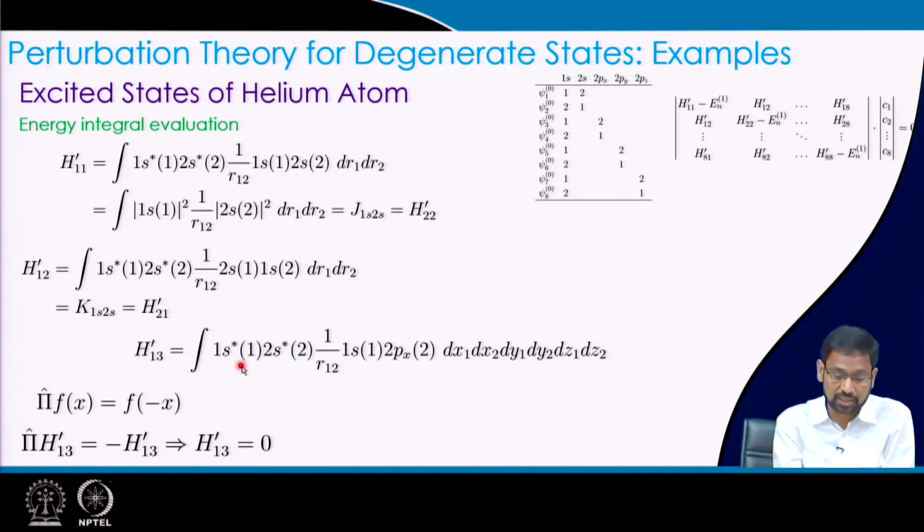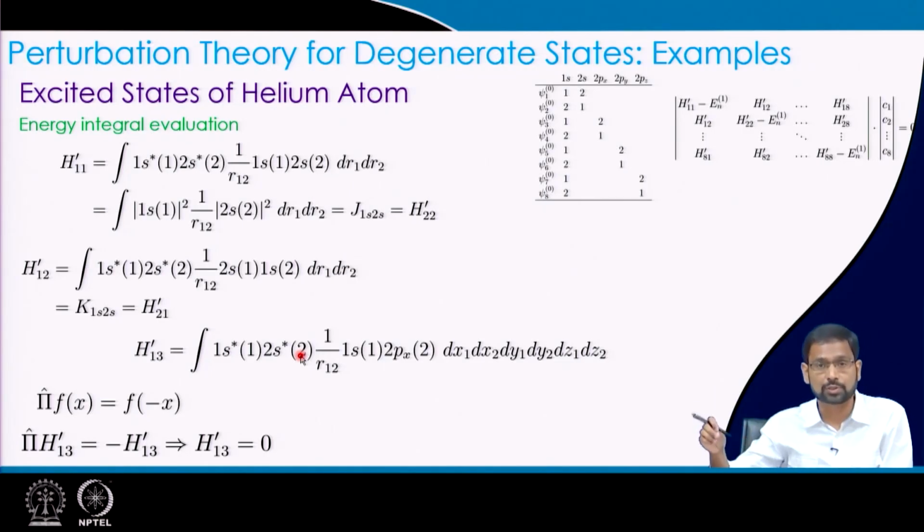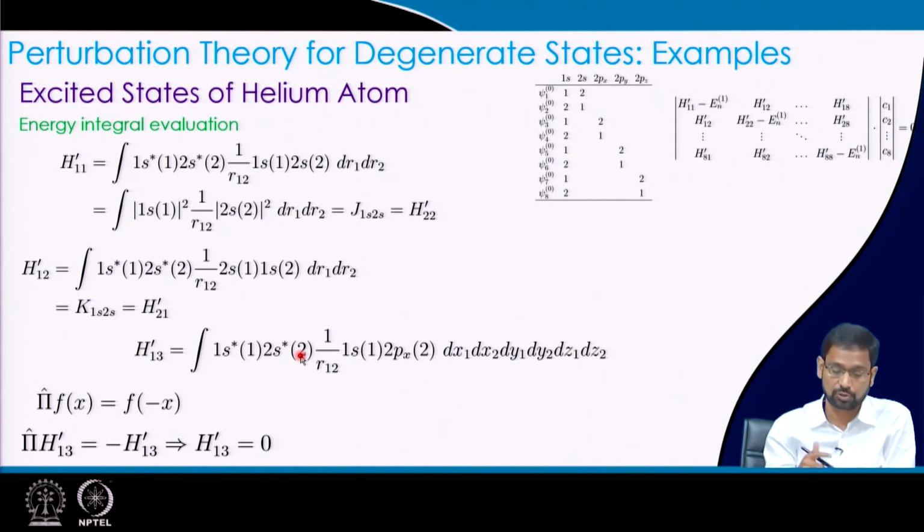In that case, you would see that the 1s function is totally symmetric, because it has only r dependence. The 2s function also is totally symmetric. 1 over r12 is simply the distance between the two electrons. The distance is obtained from x2 minus x1 squared, y2 minus y1 squared, z2 minus z1 squared under a square root, so this is also symmetric with respect to parity. 1s1 is again symmetric.